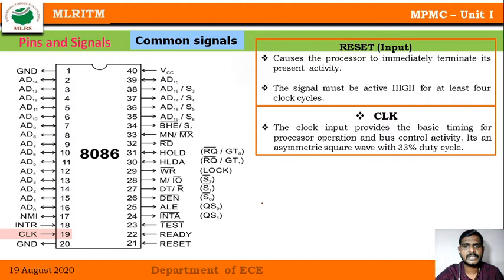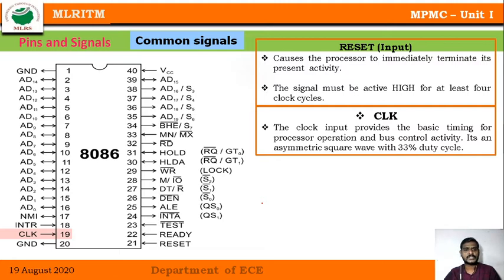Then the clock signal. As we said in the previous classes, the 8086 can work under 3 different clock frequencies: the 8086 works under a 5 megahertz clock frequency, the 8086-1 works under 10 megahertz, and the 8086-2 works under 8 megahertz.